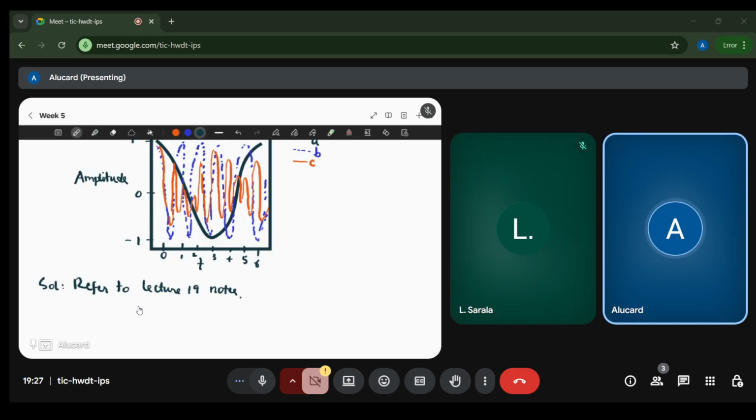There's no mathematics involved here. It's just a theoretical question. Since it's a question from the current assignment, I can't just tell you the answer, but at least I can tell you where you can find the answer.